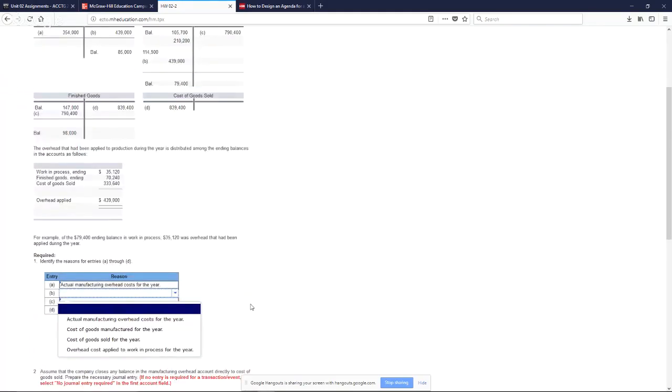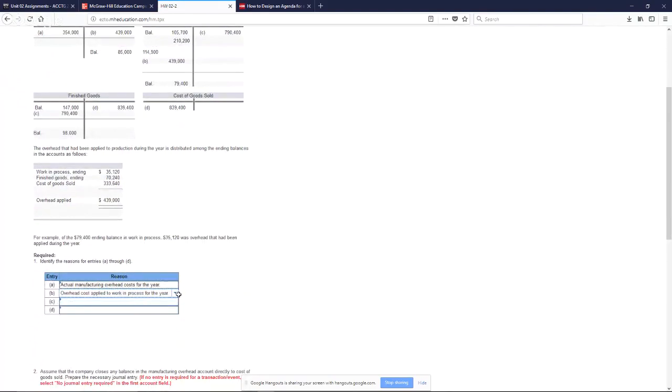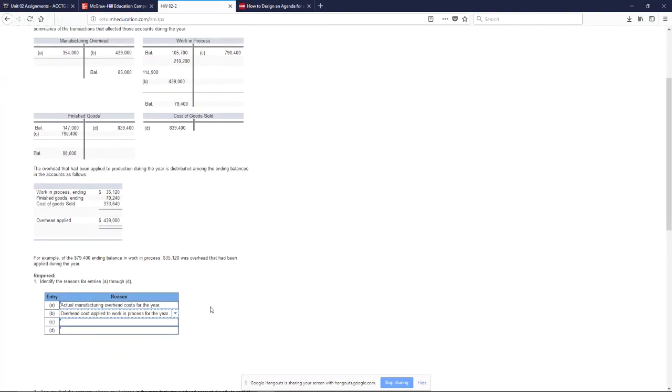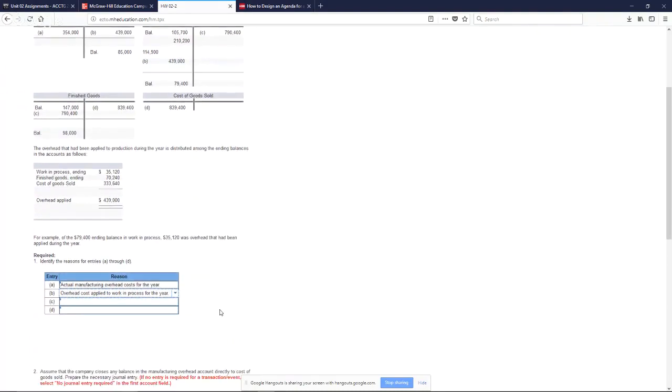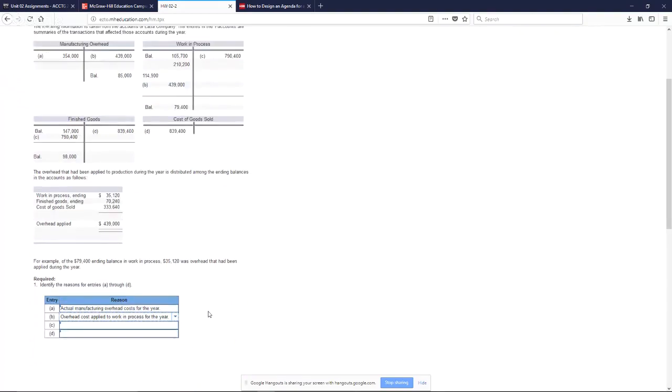So I put it's overhead costs applied to the work in process for the year, and that could be wrong, but I think that's what it says, because it says here, applying manufacturing overhead, credit manufacturing overhead, debit work in process. And you can see that happening right here. Yeah, I think that's right too. That's your predetermined rate times your quantity, right?